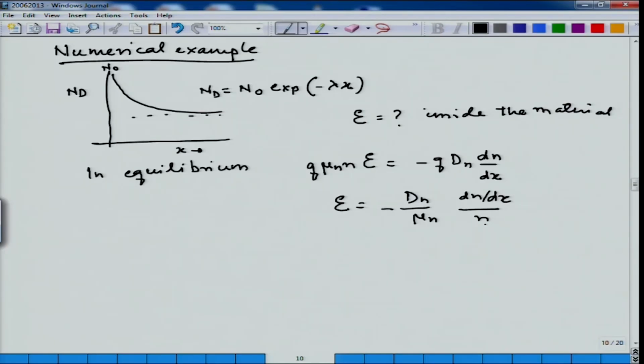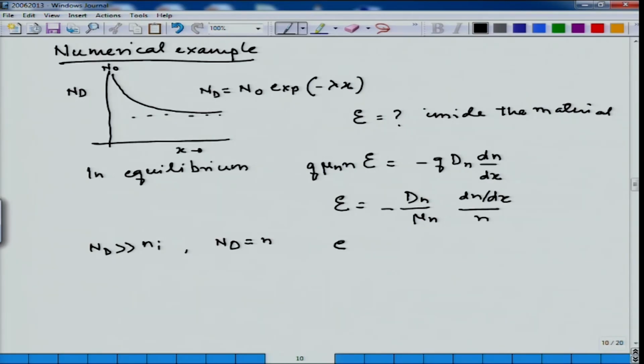Since I do not know n, I know N of d, and if N of d is much greater than the intrinsic carrier concentration, then I can assume that n is equal to N of d for complete ionization.